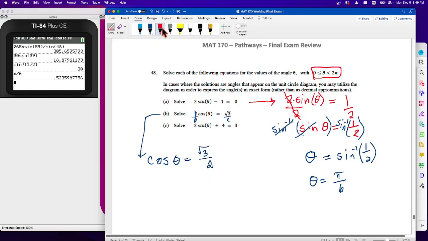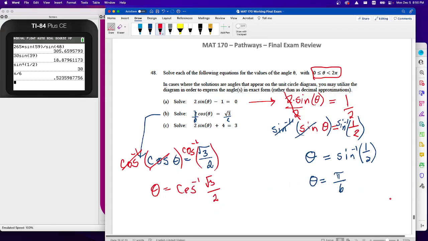So we take the inverse cosine, because a function and its inverse cancel each other out. We have to do it to both sides, right? So we get that theta is equal to the inverse cosine of square root of 3 over 2.